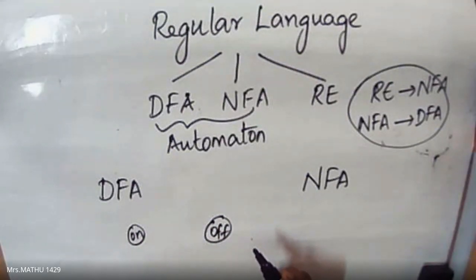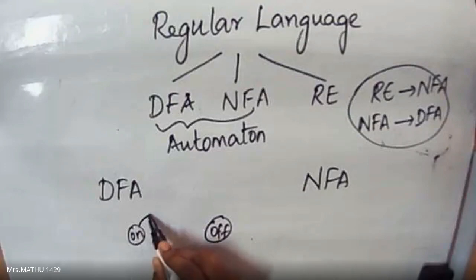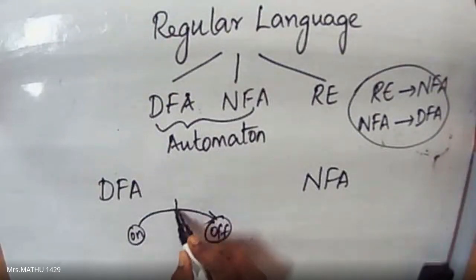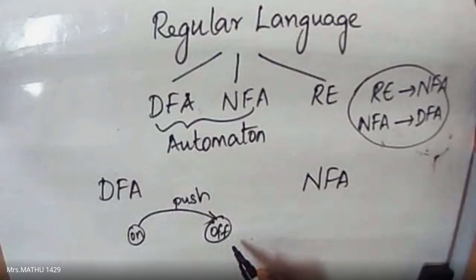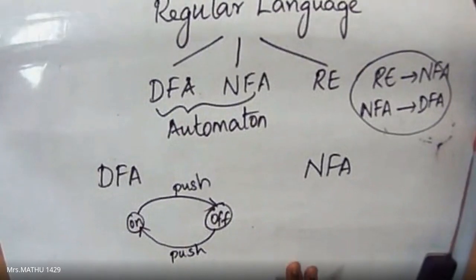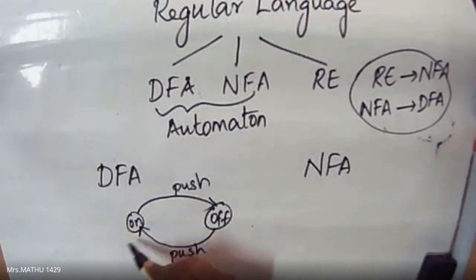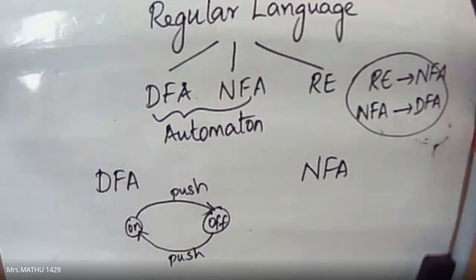If it is in the on condition and you push, then it goes to the off state. While it is off, if you push, push being the input you are giving, it goes again to the on state. So this is the meaning of deterministic.